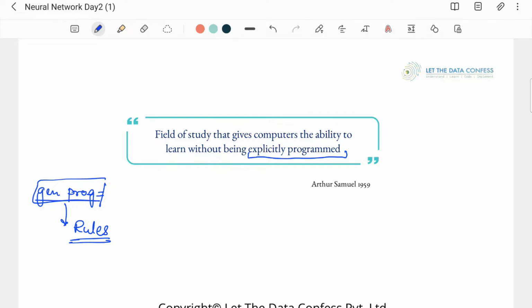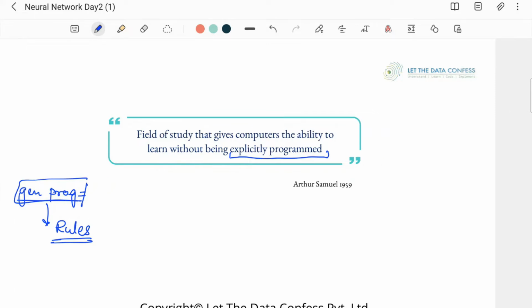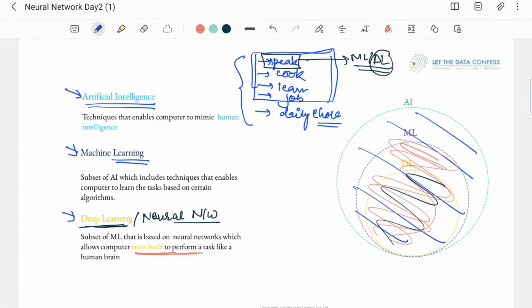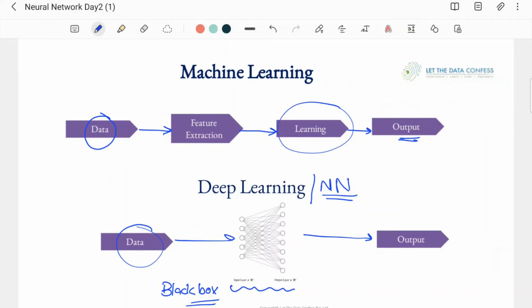So in this whole session we have learned the difference between general programming, machine learning programming and deep learning programming. We have also seen how artificial intelligence, machine learning and deep learning relate as subsets, and the difference between these two. Apart from that, we have seen the process of machine learning modeling and the process of deep learning, and the difference between them.